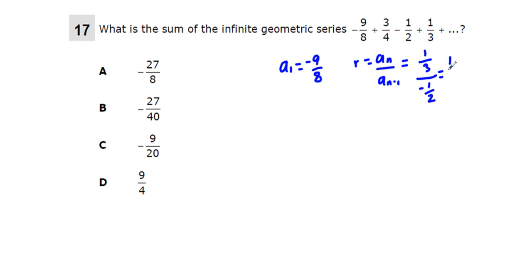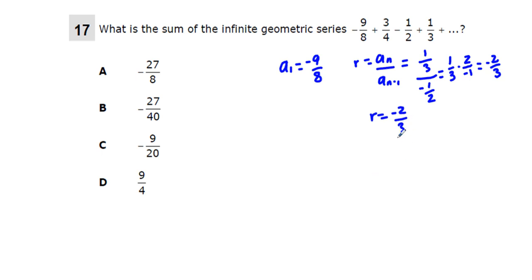Dividing by a fraction is the same as multiplying by its reciprocal. So dividing by negative 1/2 is the same as multiplying by 2 over negative 1. And so the 1 over 1 cancel. So we're going to end up getting negative 2/3 as our r. So r is equal to negative 2/3.